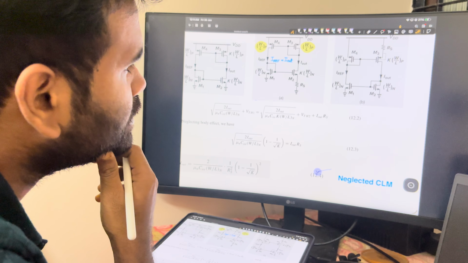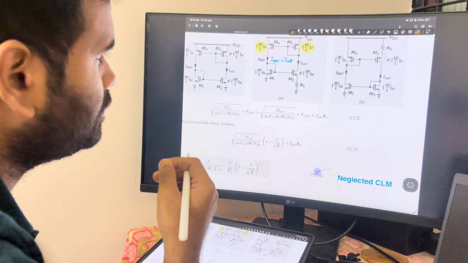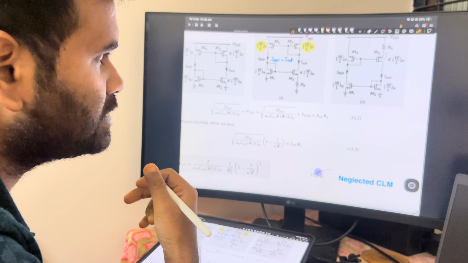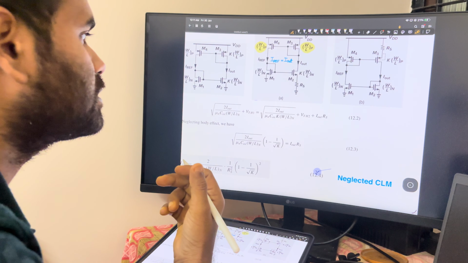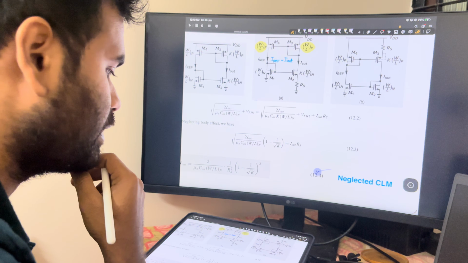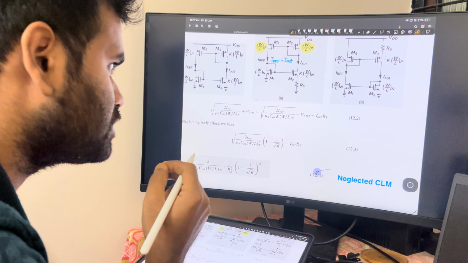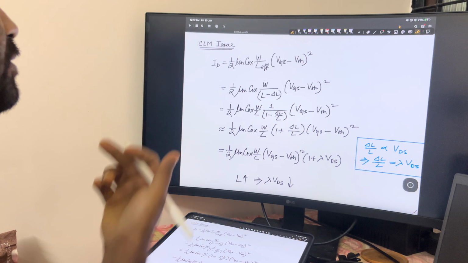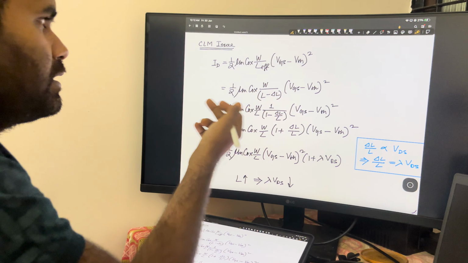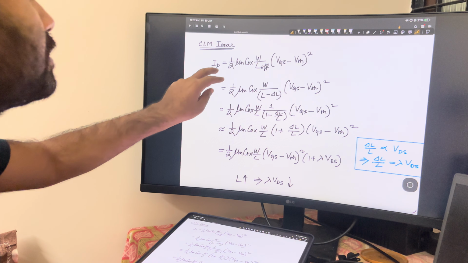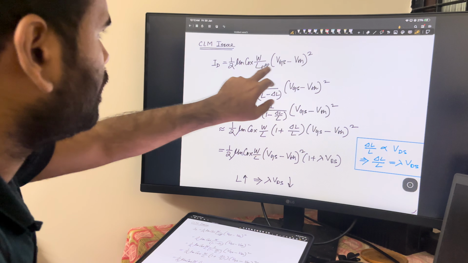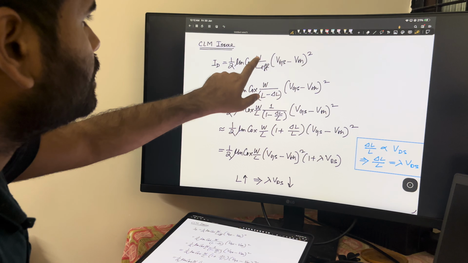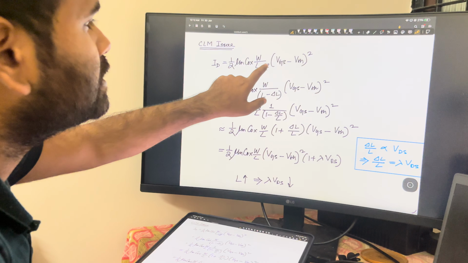How can we improve it? We know that if we have long channel devices, their channel length modulation is negligible, but the question is why? We can understand it from the equation itself. This is the simple equation that we are all familiar with, where this W by L is actually the effective length.